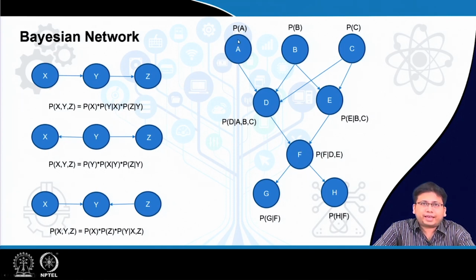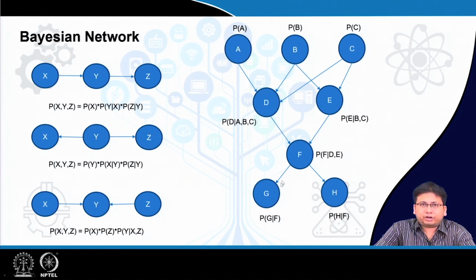But if D and E are both known, then we can say that F is independent of A given D and E. Similarly, we can say that F is independent of B or C given D and E. So it's like these parents insulate every node from their ancestors.